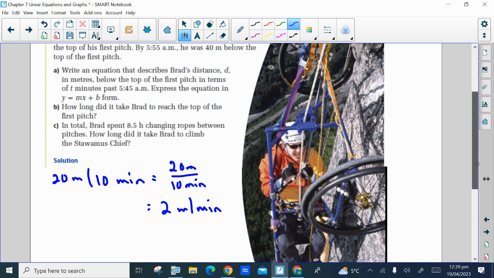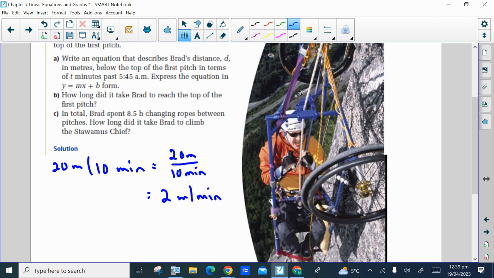It asks us to write an equation that describes Brad's distance d in meters below the top of the first pitch in terms of t minutes past 5:45 a.m. And we want to express that in the form y equals mx plus b. So we've already found m, the slope. M is 2, which would be 2 meters per minute.